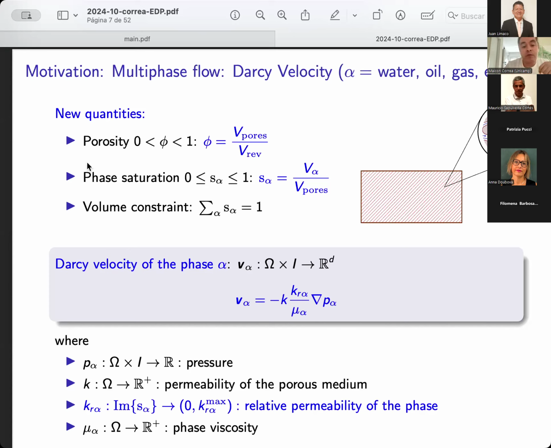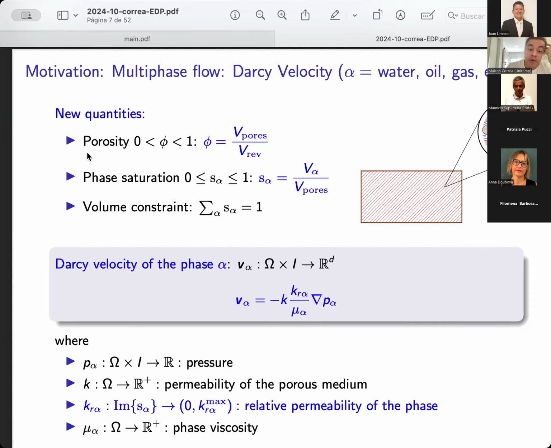For example, the first one is the porosity. The porosity is the fraction between the volume of the pores and the total volume of this representative elementary volume. So this is a new quantity. So you pick a point there in the domain, and you have this function, the porosity, that says the amount of voids that you have in that point. As I said, now the point has a physical meaning.